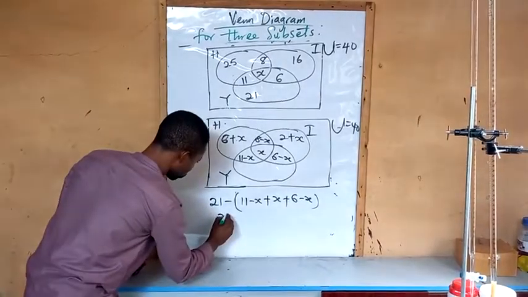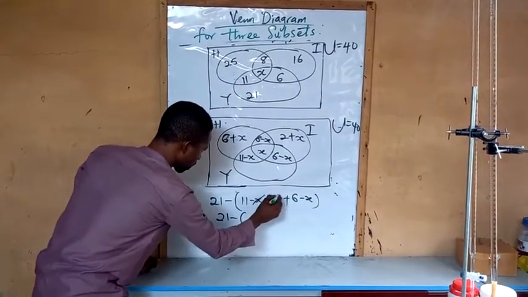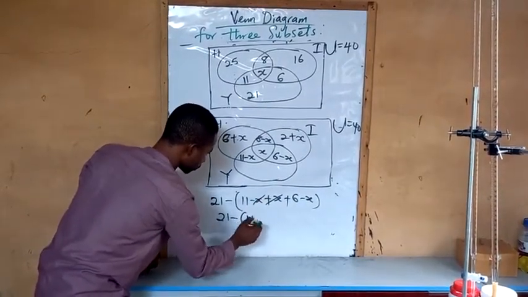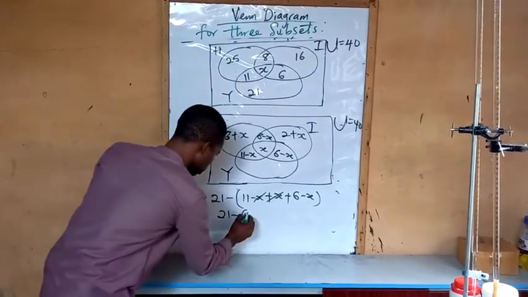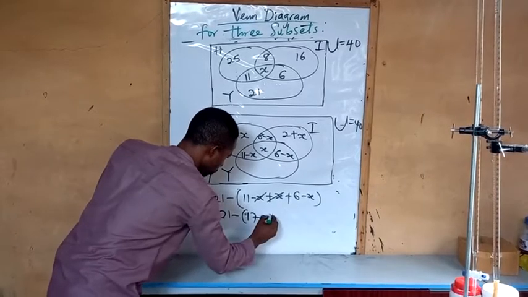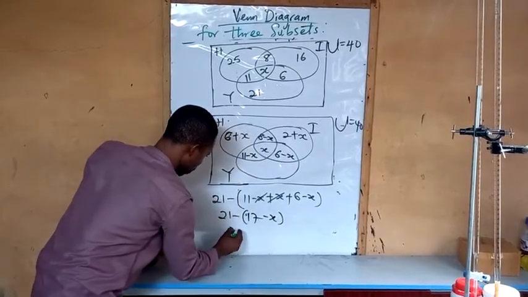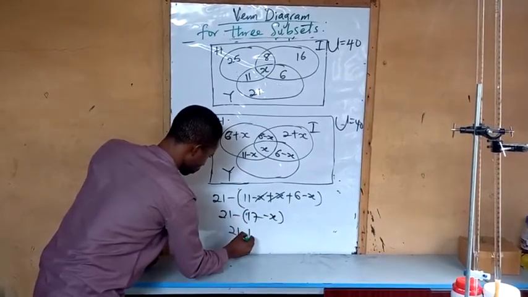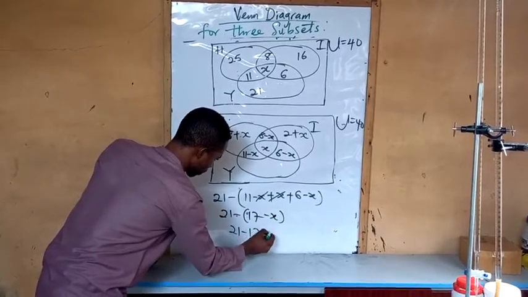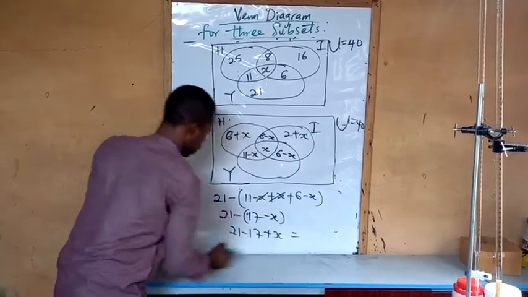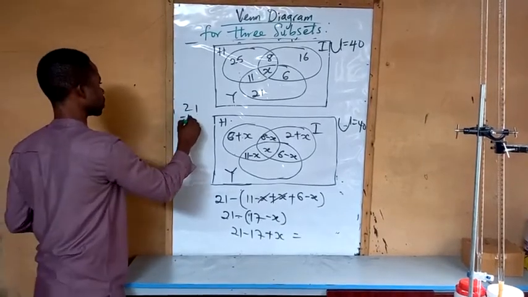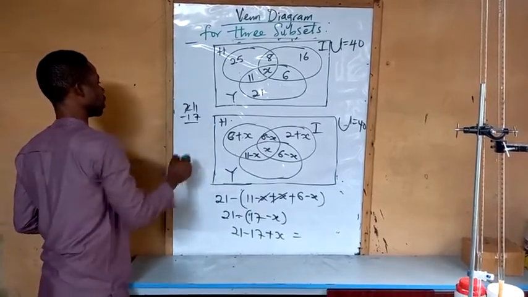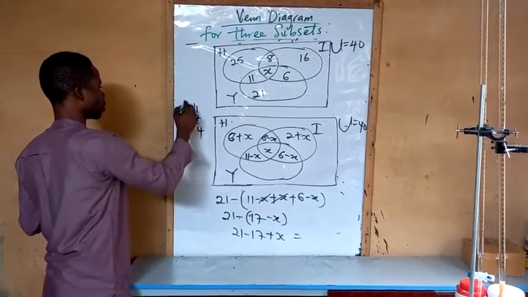That will be 21 minus open bracket, minus X cancels plus X. You have 11 plus 6 is 17, and you have minus X. That will be 21 minus 17 plus X, so 21 minus 17 is 4.